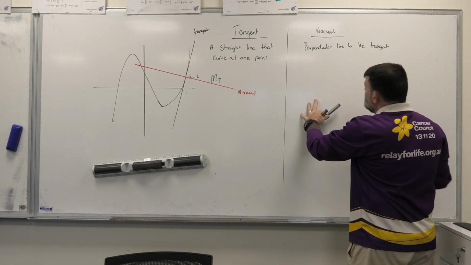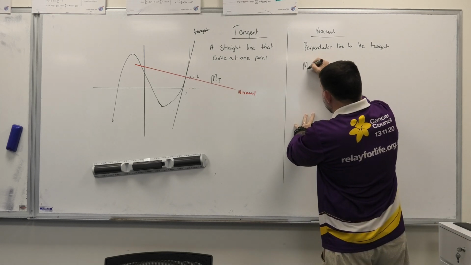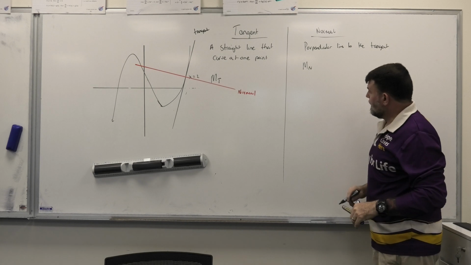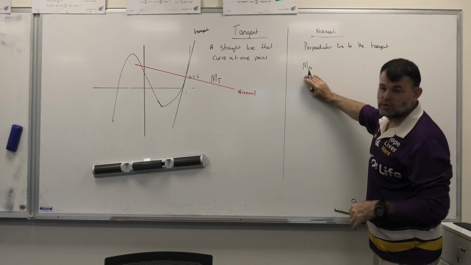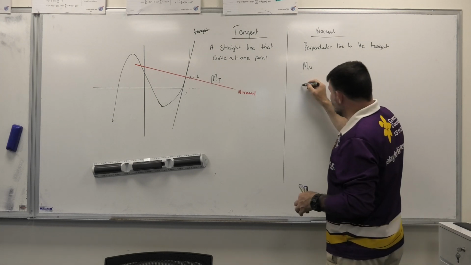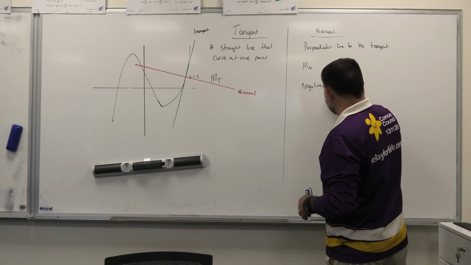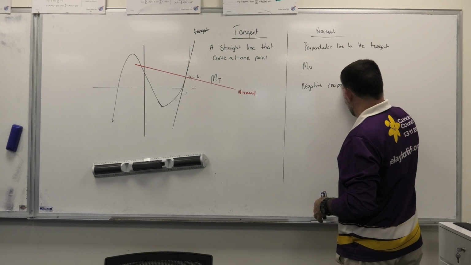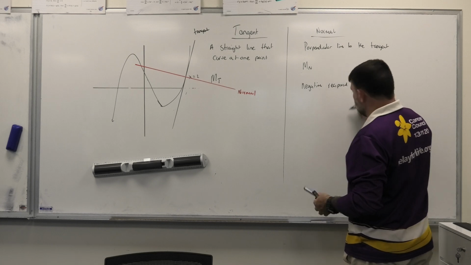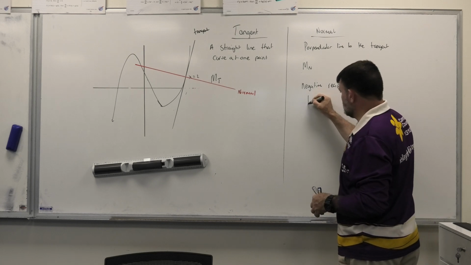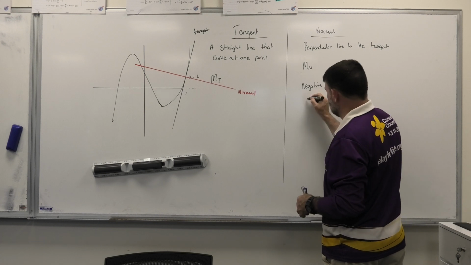When we're looking at normals, it has the notation m, your gradient, subscript n. And it is the negative reciprocal of the gradient of the tangent.